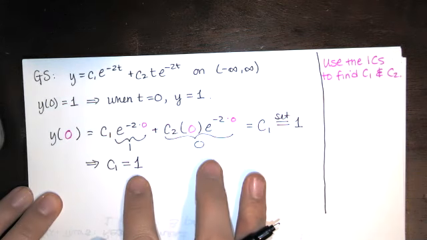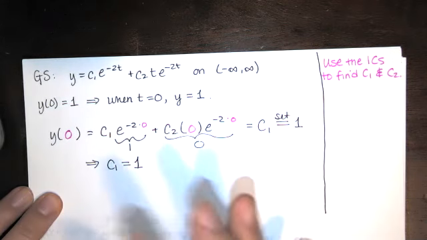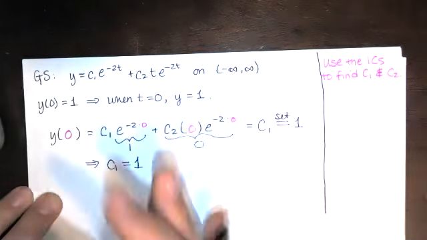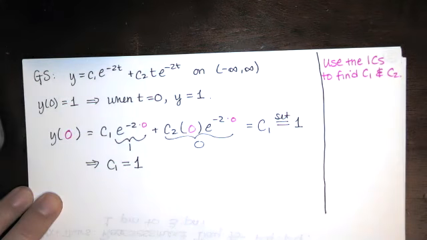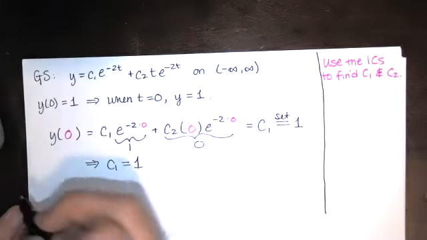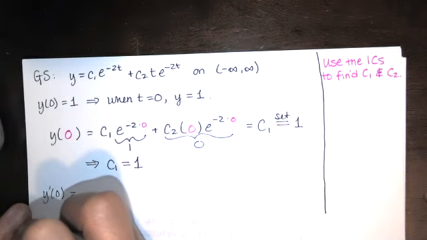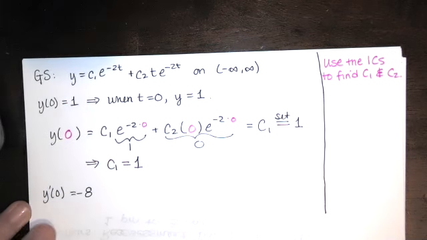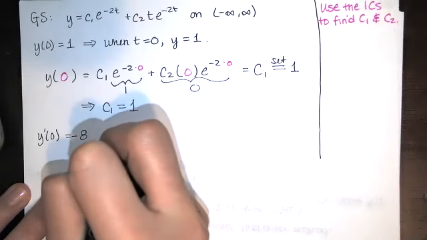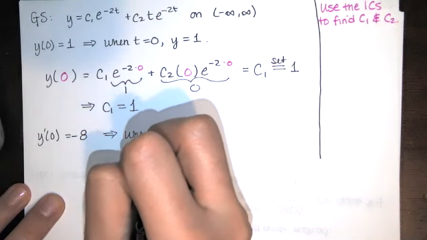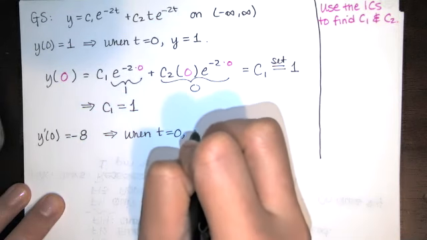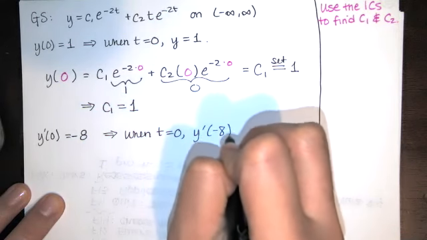Now that we have c sub 1, we can use the second initial condition to find, hopefully, c sub 2. The second initial condition was y prime of 0 is equal to -8. So what that tells us is that when t equals 0, y prime is equal to -8.